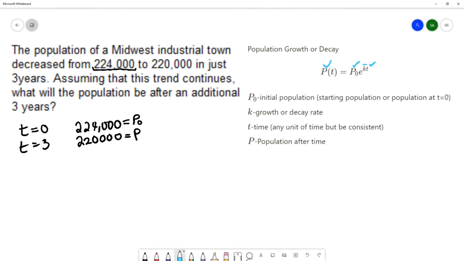And we're going to be able to solve for the value of K, the decay rate in this one. And then the question that's being asked here, what will the population be after an additional 3 years? So that would be at 6 years, and that's unknown at this point. So we're going to find our decay rate first, and once we find the decay rate, we'll be able to answer that question of what happened in this town after a total of 6 years.